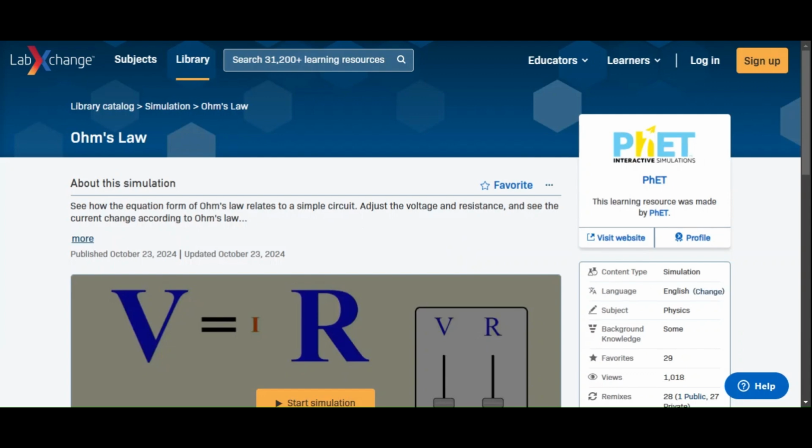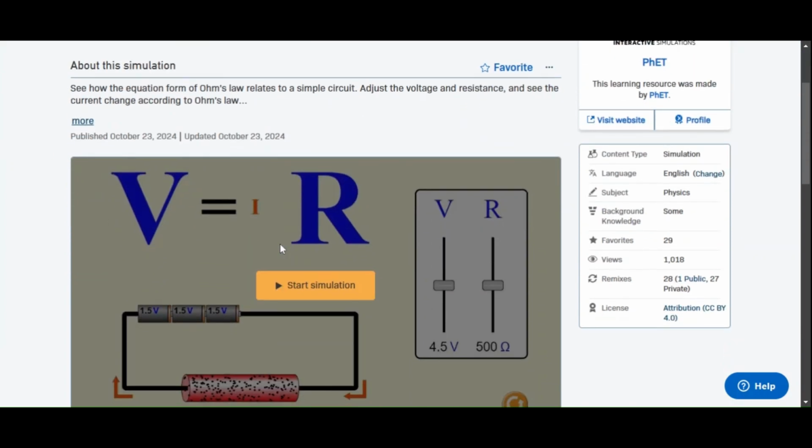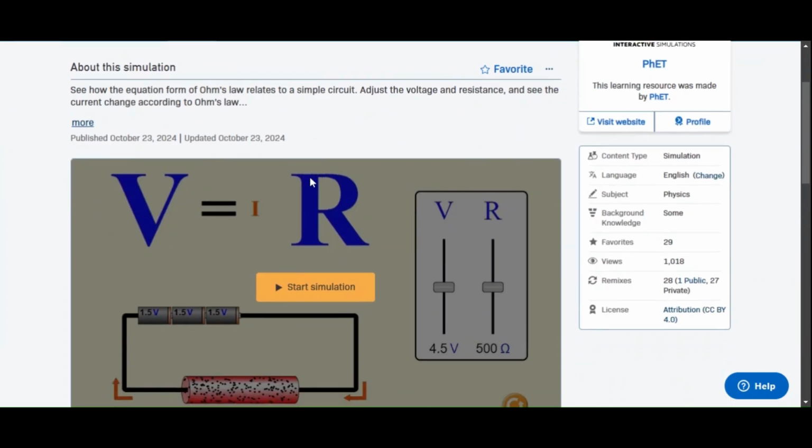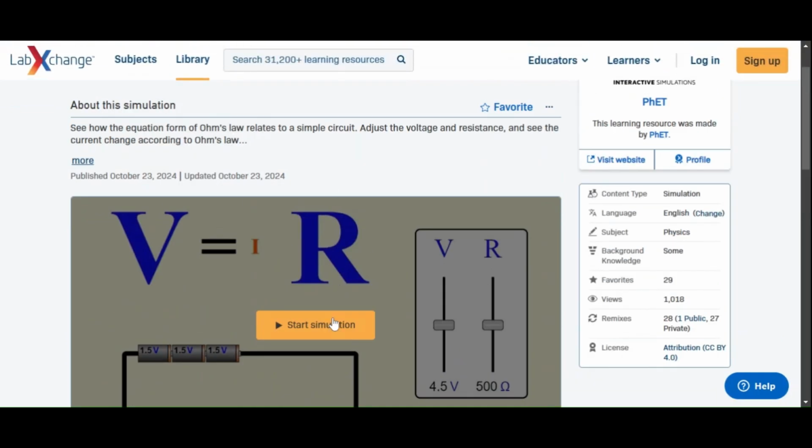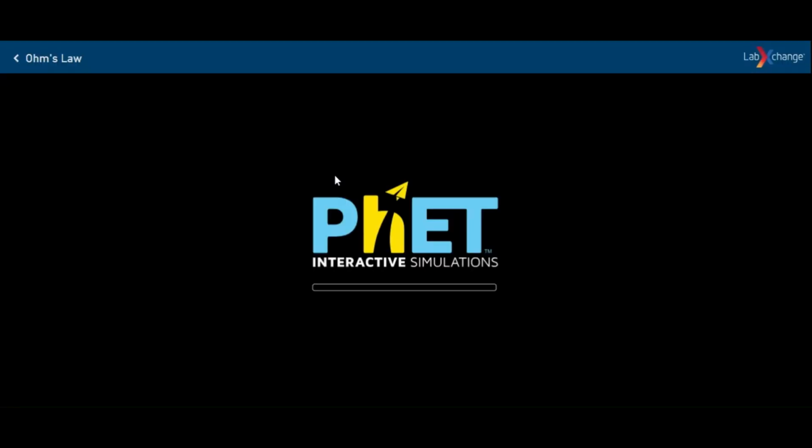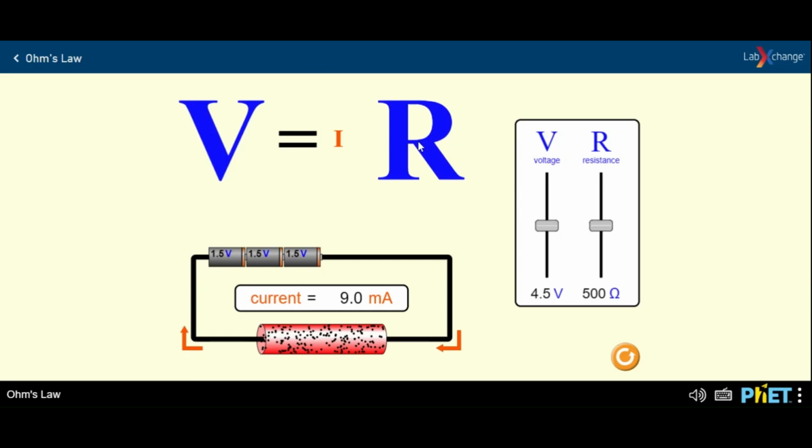And the law itself states that the current flowing through a conductor is directly proportional to the potential difference across its ends, provided temperature and other physical properties are kept constant. So let me see how that one works. So I'll open that to see what happens here.